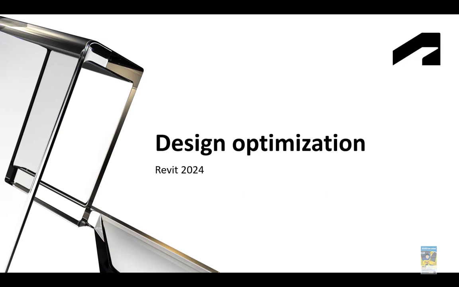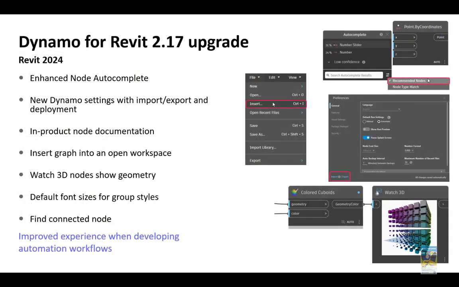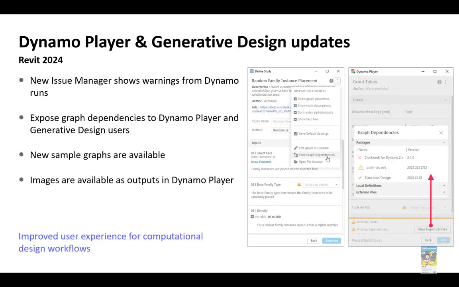And then under design optimization features, you now have enhanced node autocomplete for Revit Dynamo 2.17, so that's the latest engine. The Dynamo Player and Generative Design tools have also been updated.